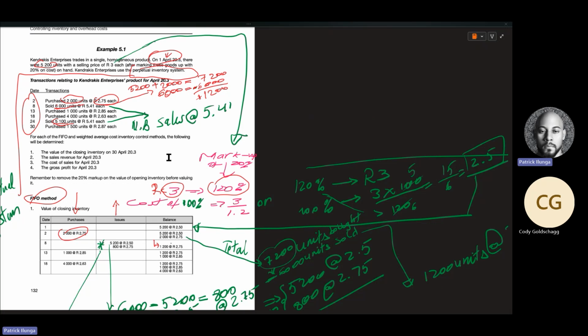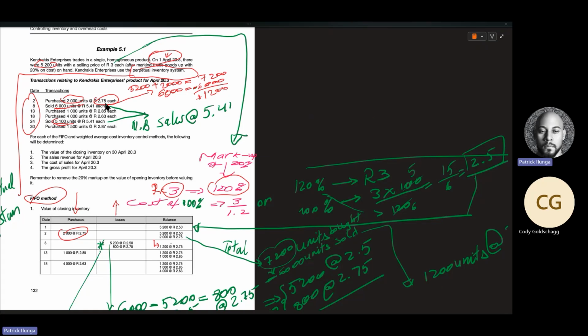Now when we are selling, we are actually provided with a selling price. Look at the 8th. The purchase that was done on the 2nd is at 2.75, slightly higher than at the beginning, right?